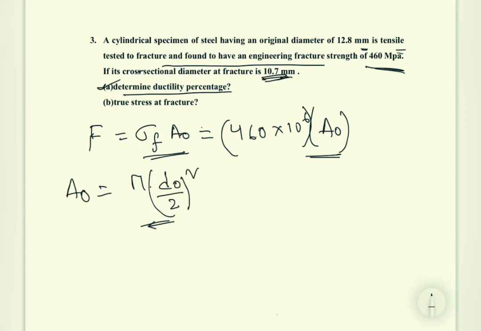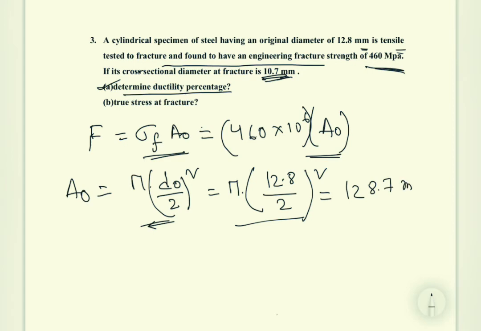So if I put pi into 12.8 divided by 2 whole square, what we get is 128.7 millimeter square. So we just simply put it here and make it SI, dividing by 10 to the power 6. So we will get F equal to 59,200 Newton.